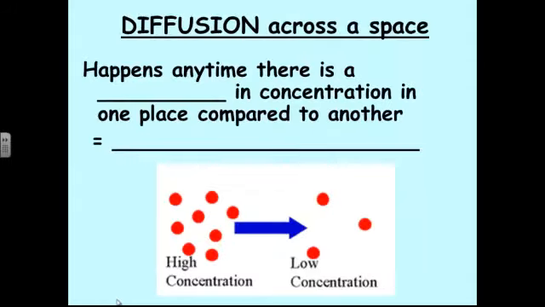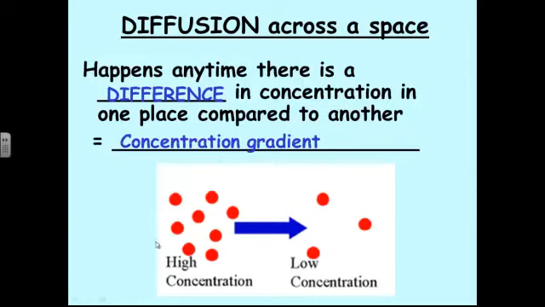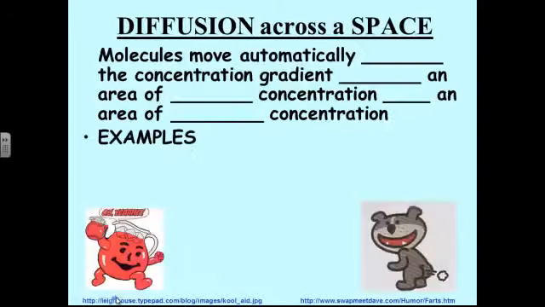And it happens anytime there's a difference in the concentration from one place compared to another. We call that a concentration gradient. High molecules in one place, low in a nearby space, those molecules will automatically move to fill up the space. And it happens automatically. We say they move down the concentration gradient.